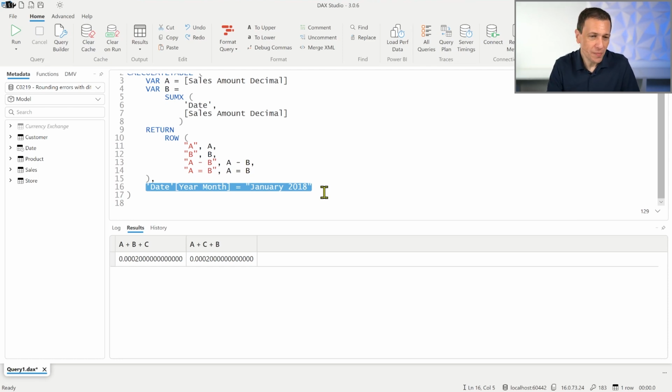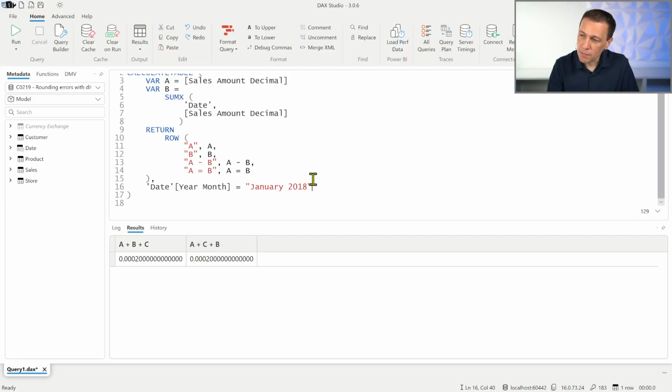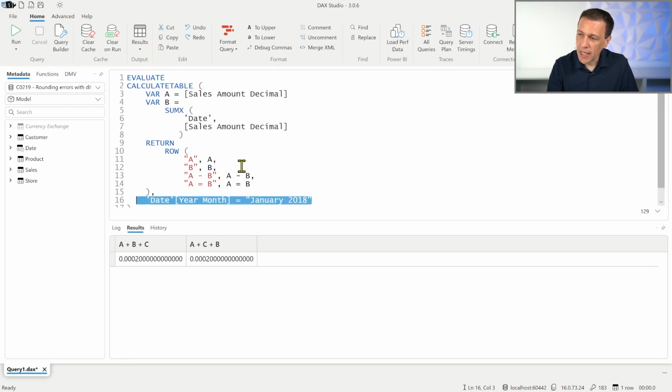If I go back to Power BI, January 2018 shows two numbers that are identical, so we see the same number. But if I apply this filter and I execute the evaluation of A, sales amount decimal, and then I sum sales amount decimal by date.